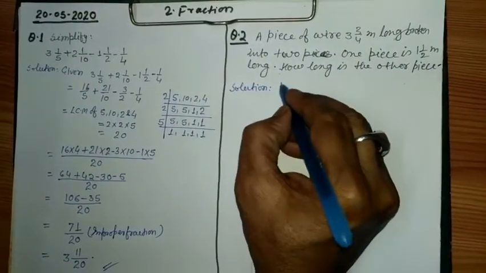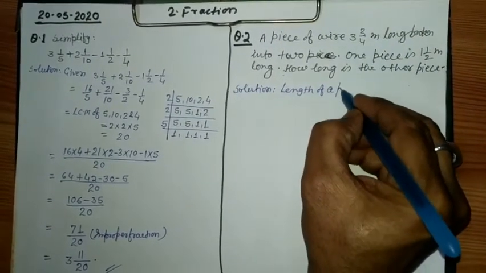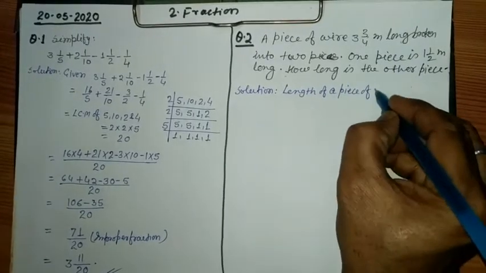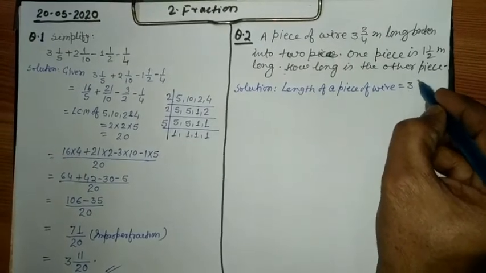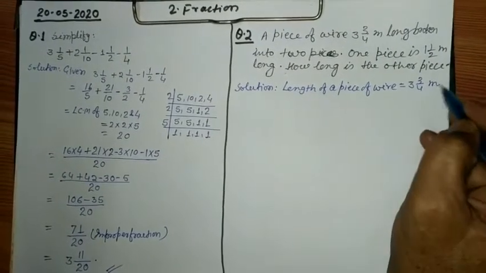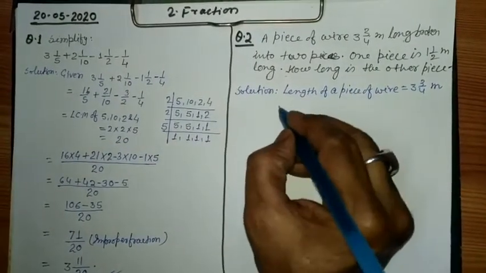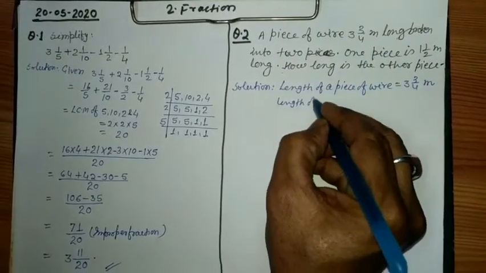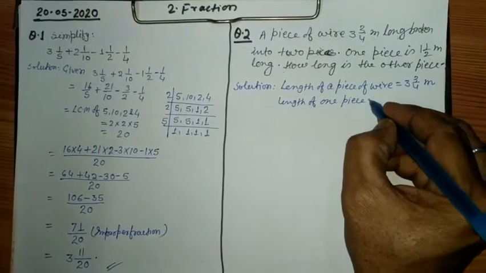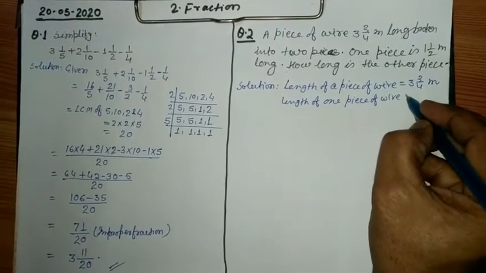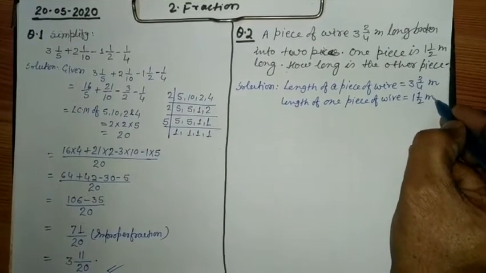Length of a piece of wire equal to 3 whole 3 upon 4 meter, and length of one piece of wire equal to 1 whole 1 upon 2 meter.